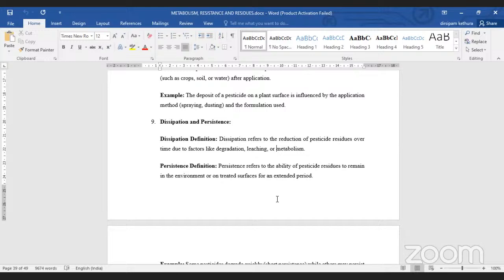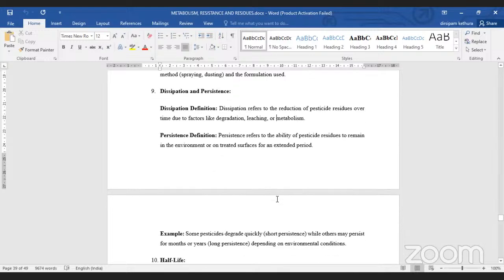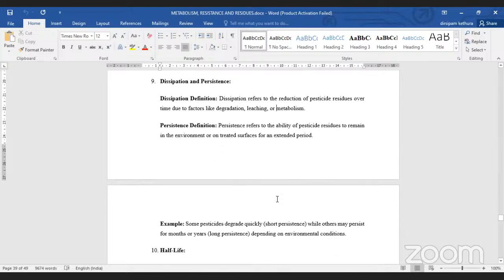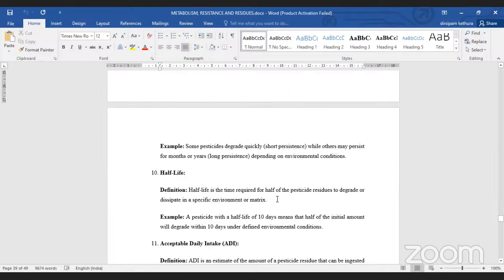Dissipation means fast disappearance of the residue, and persistence means slow decrease in the amount of the residue. That means it will be on the surfaces for an extended period. Examples include some pesticides degrade quickly while others may persist for months or years depending on environmental conditions.